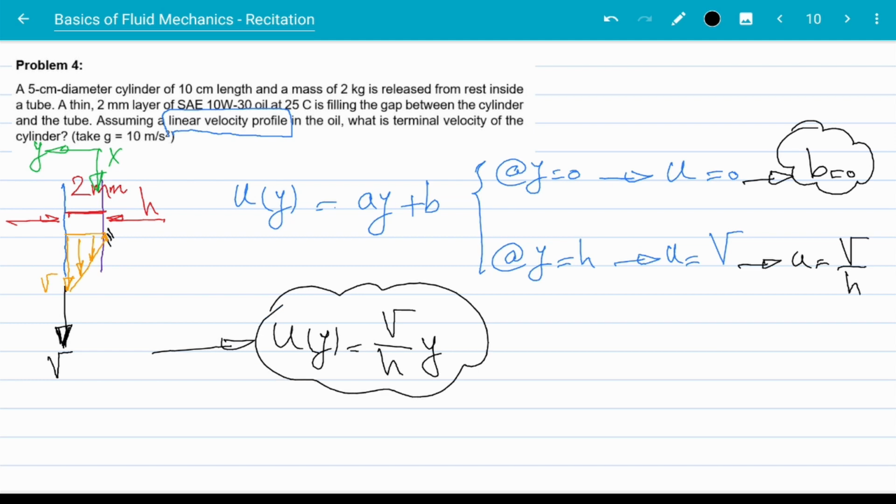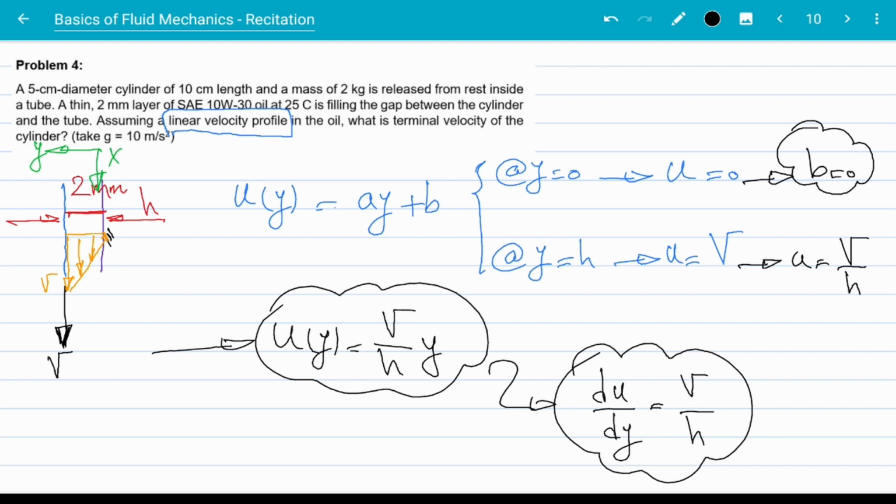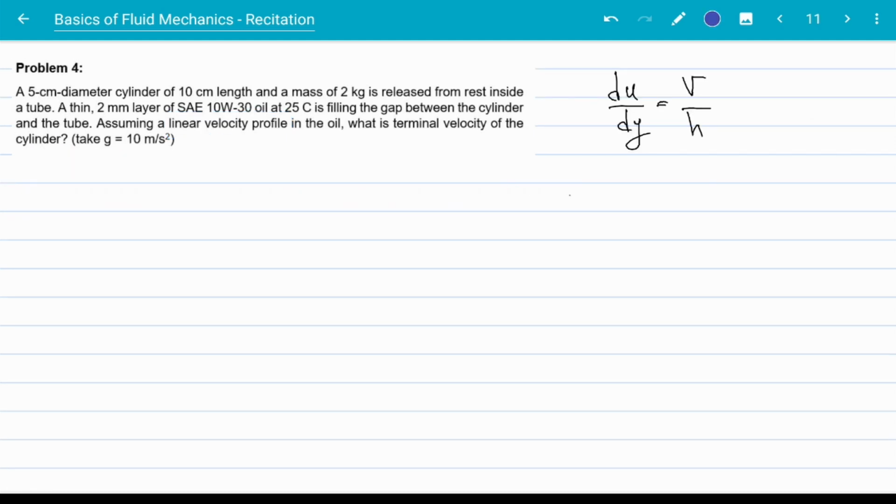Now that I have the velocity profile, I can also find the velocity gradient, which is required to calculate tau, shear stress. So du over dy is V over H. Okay, so let's go back to our equation for shear stress. It is mu du dy. However, this is shear stress.